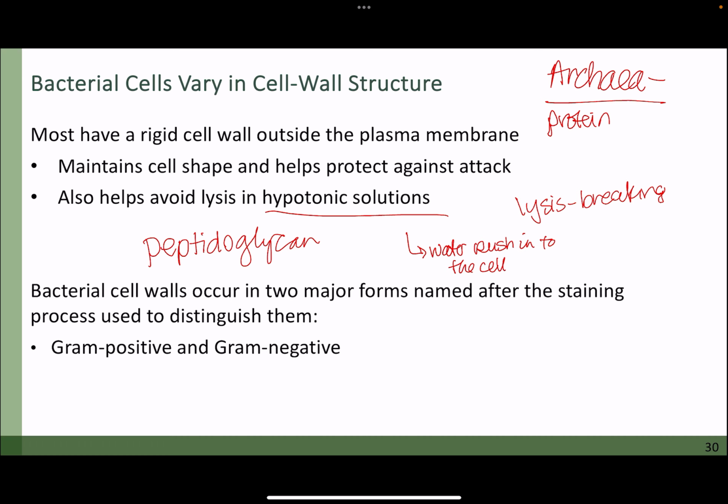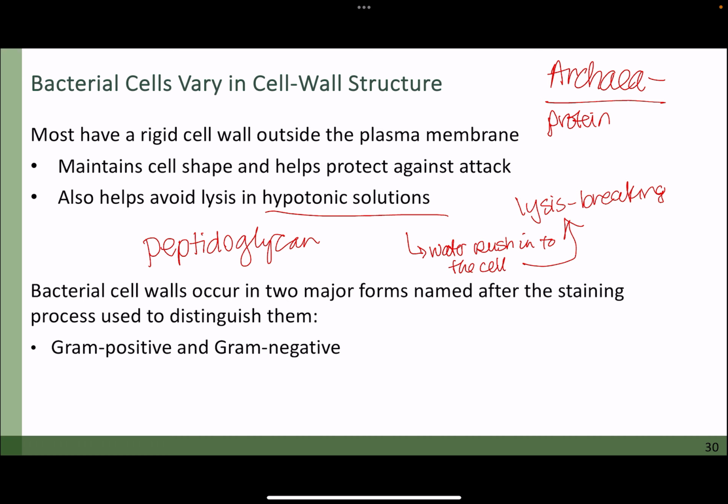If there's a particular gradient in concentration of solutes inside and out, water can actually rush in. Now, without a cell wall, that cell is going to lyse and break. And so the cell wall kind of pushes back so that the cell membrane cannot break if water rushes in.